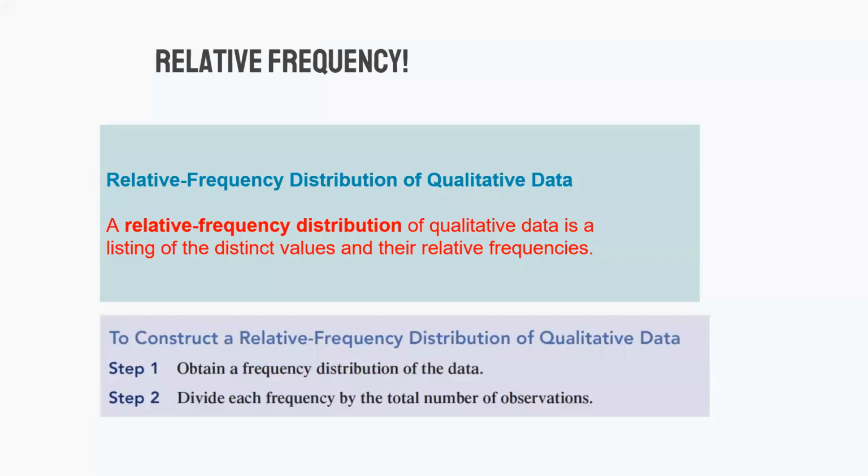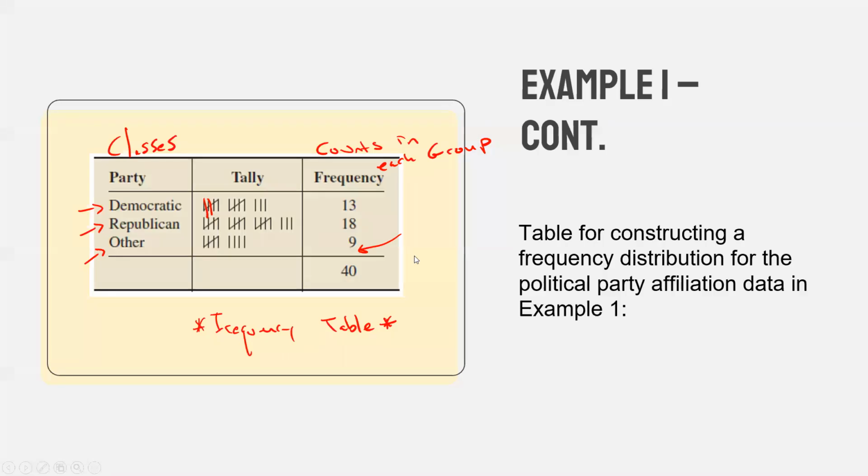So we next introduce this concept of relative frequency. The relative frequency distribution of qualitative data is the listing of the distinct values and their relative frequencies. What it does is go back to this table and add a new column called relative frequency to add a little more context for us.